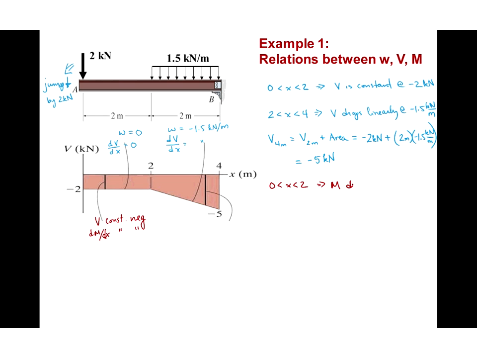So M drops linearly. And from a quantitative perspective, we can see that the value of V, its constant negative value, is -2, which means that the slope of M must also be -2 kilonewtons. So M drops linearly at -2 kilonewtons.